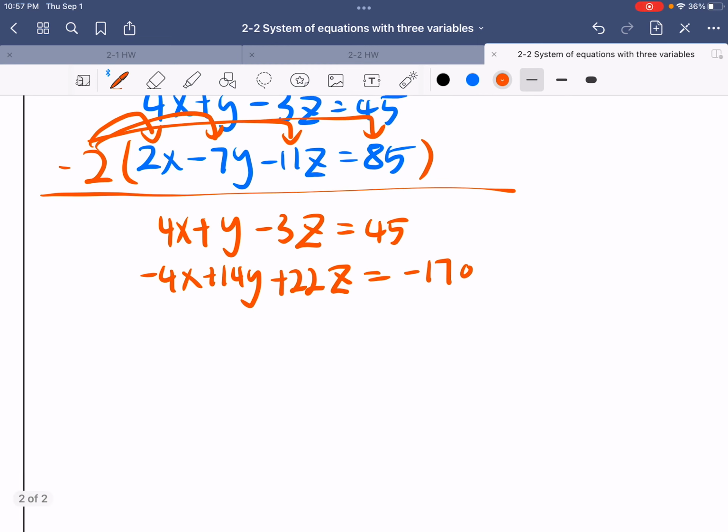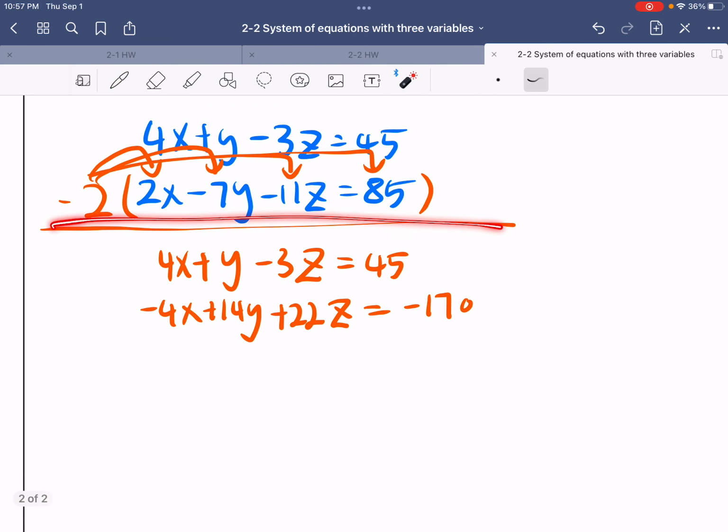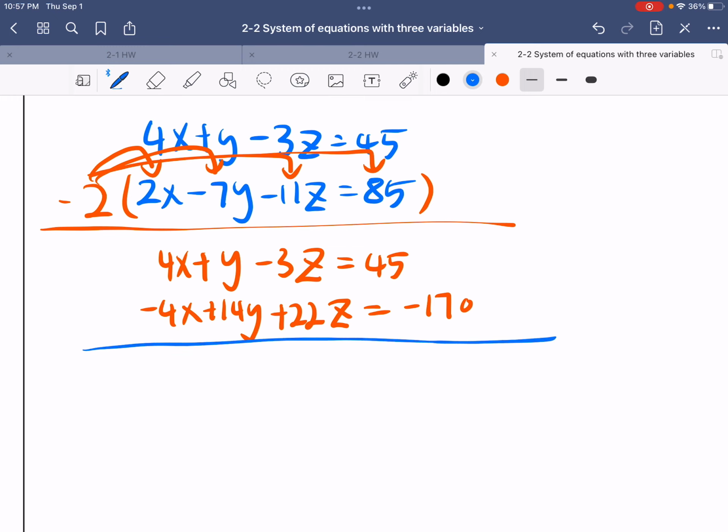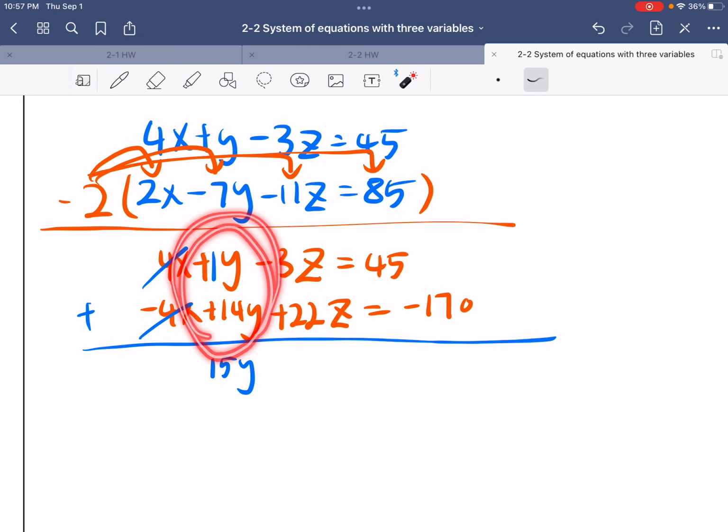Now, it's very easy to make a sign mistake here, and as you know, if you make one slight mistake, that can mess up everything. So be careful about it. So 4x, so it's adding always. 4x minus 4x will disappear. There's a hidden number 1. So 1y plus 14y will give you 15y. Remember the rule, when you add or subtract, if you have the same sign, you combine the numbers and keep the sign.